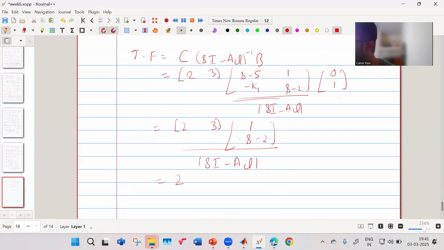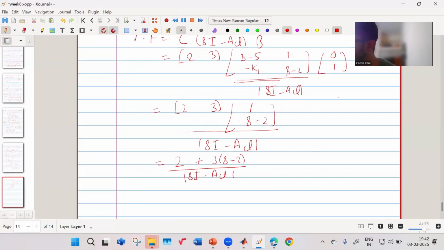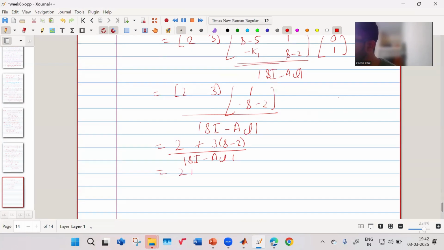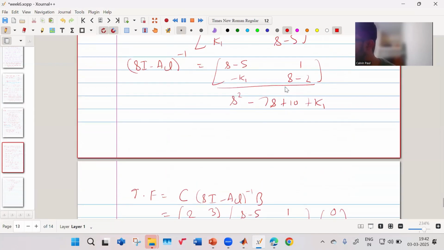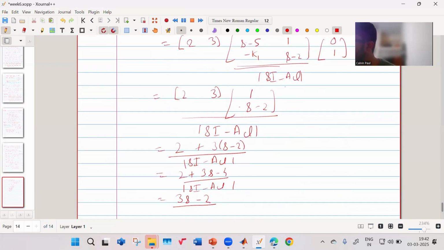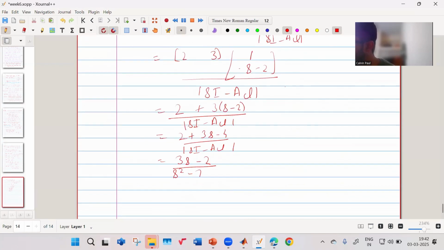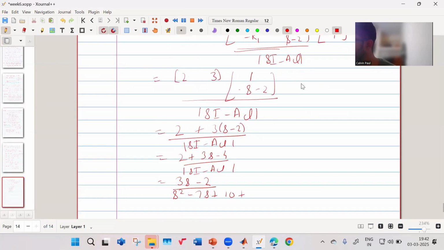So that will be 2 plus 3 into S minus 2, which comes out to be 2 plus 3S minus 6... that is 3S minus 4, upon the determinant, which is S square minus 7S plus 10 plus K1.